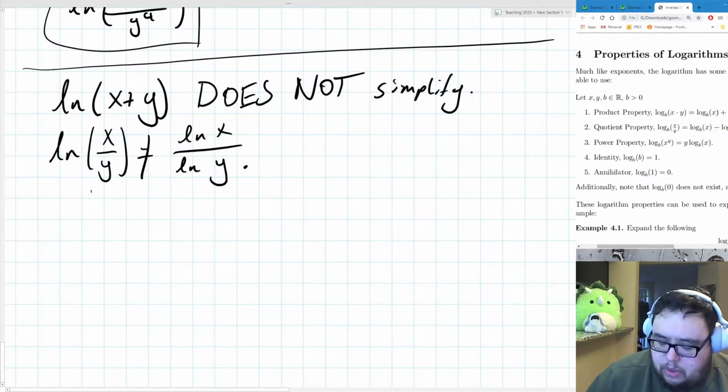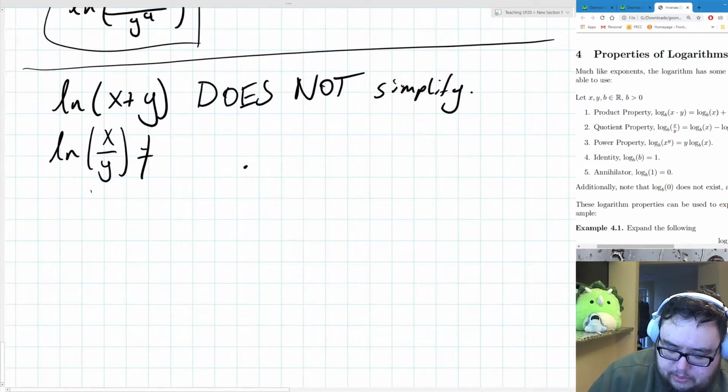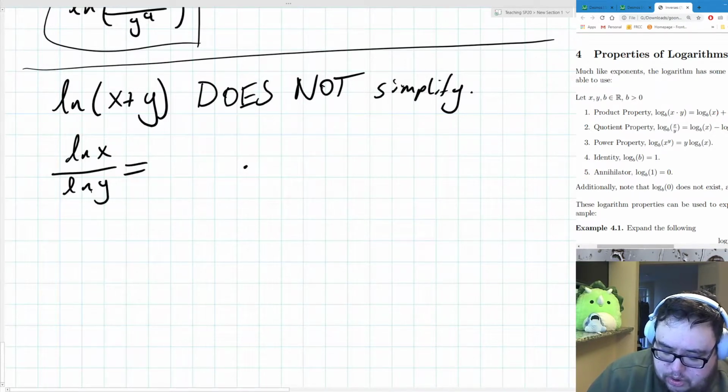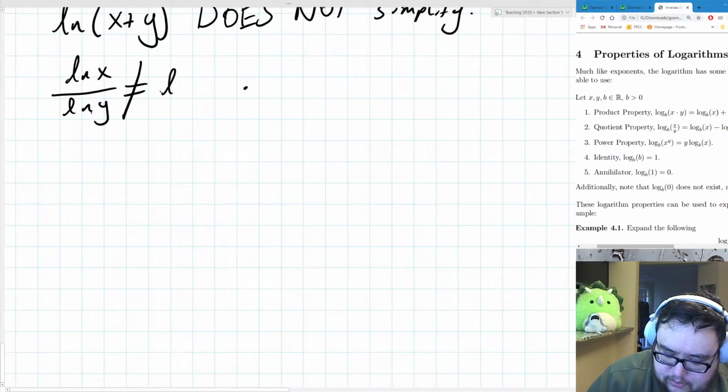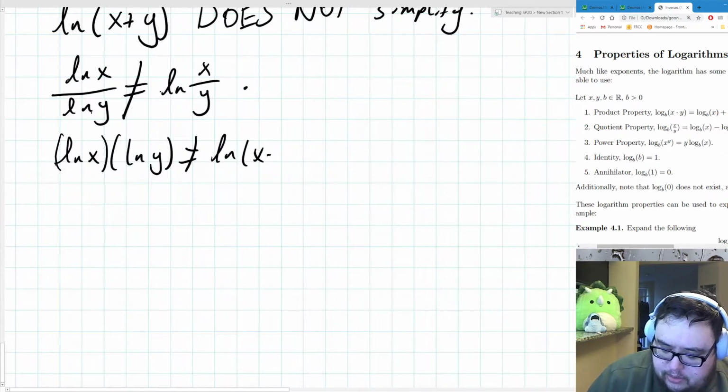This is not equal to ln of x divided by ln of y. And also while we're at it, let's actually do that backwards. Ln of x over ln of y is not equal to ln of x over y. And ln of x times ln of y is not equal to ln of x times y.